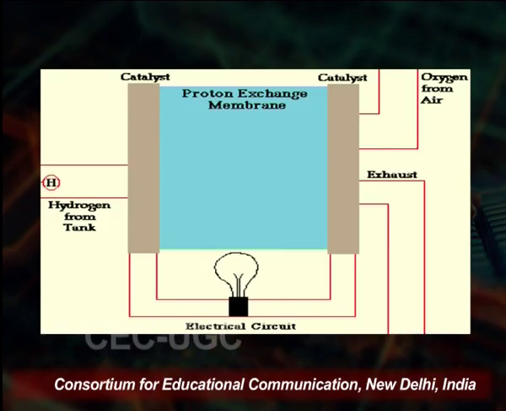Now, here we have the proton exchange membrane and on the right hand side you are having the exhaust and on the upper side we have a catalyst. Now you can see on the right hand side there is oxygen from the air. It means we are supplying the oxygen in this tank.